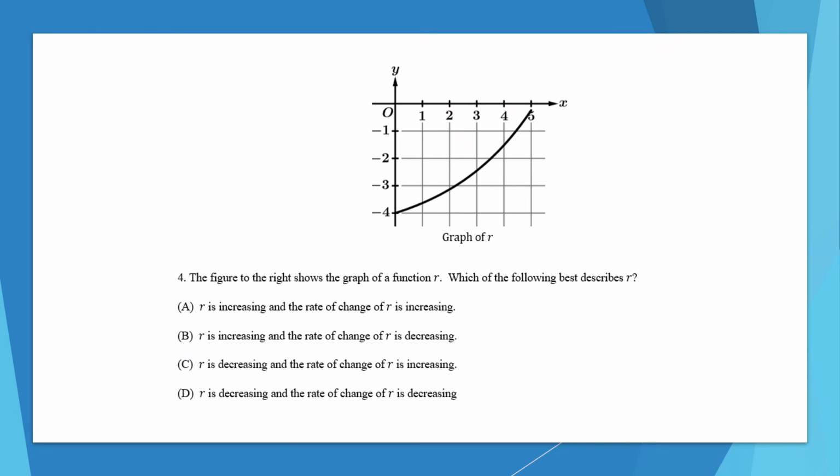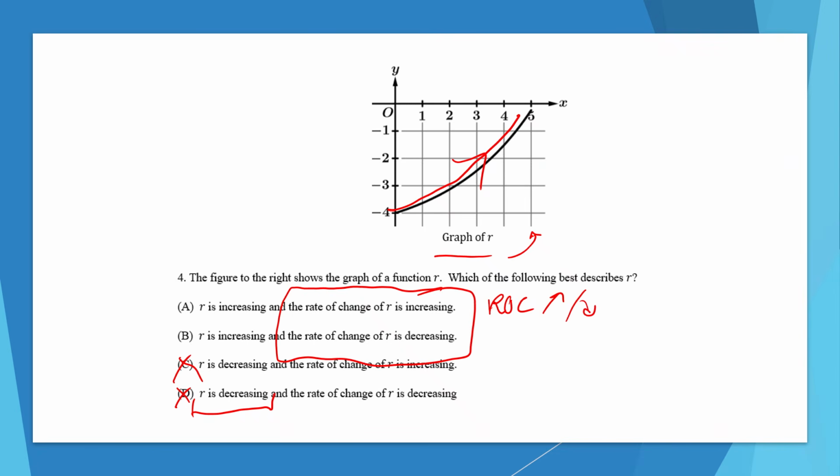All right, number 4. Which of the following best describes the graph shown above? Well, we want to know, is the function increasing or decreasing first? Here, this function is going up, so this function should be increasing. We can eliminate C and D right off the bat. Then the next portion of this question is asking, is the rate of change, the ROC, increasing or decreasing?